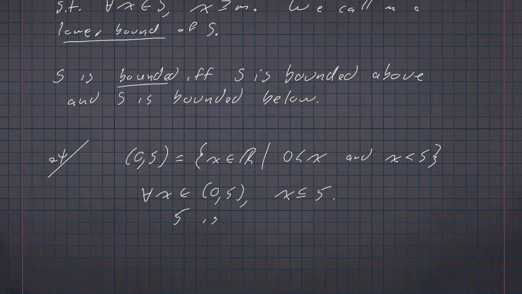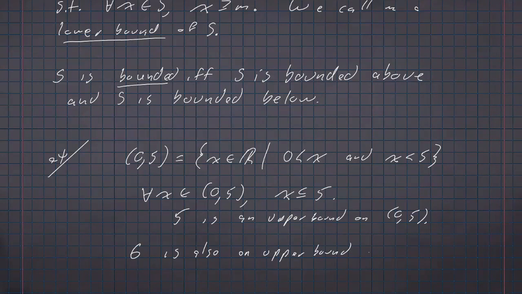So 5 is an upper bound on (0, 5). But it's not the only one. It's a subtlety in the definition.